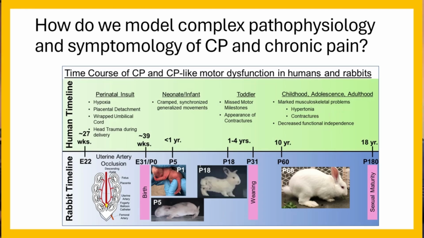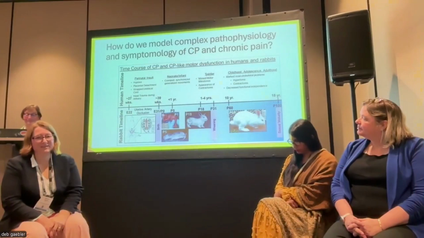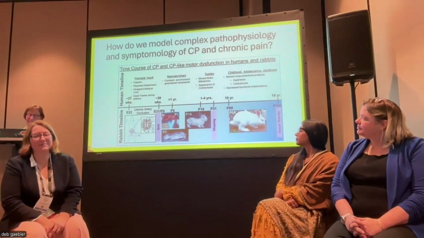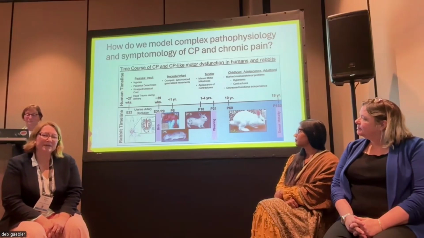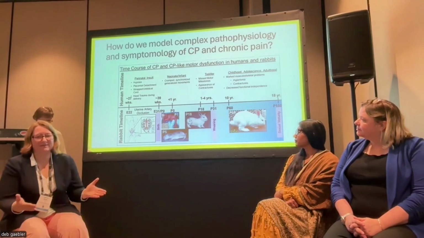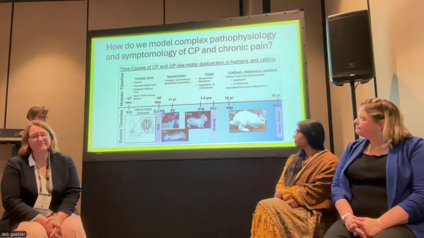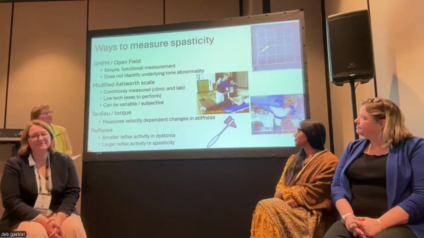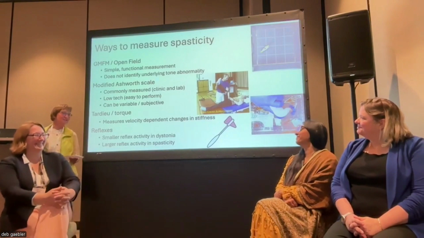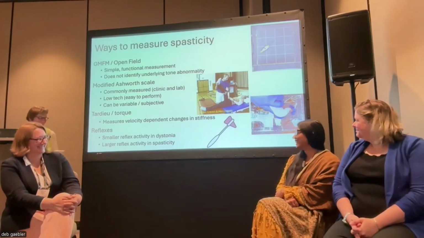In rabbits, we have perinatal brain development, a little bit more similar to humans. So when we inflict a hypoxic ischemic injury in rabbits, that's actually done prenatally, and that can mimic a third trimester injury.